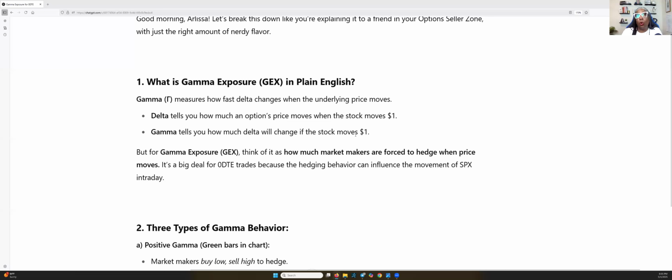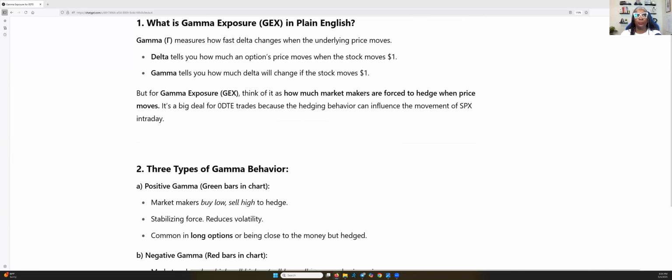I don't know if that's necessarily important per se, but this information is here. But for gamma exposure, think of it as how much market makers are forced to hedge when price moves. So we're talking about market makers. It's a big deal for zero DTE trades because the hedging behavior can influence the movement of SPX intraday.